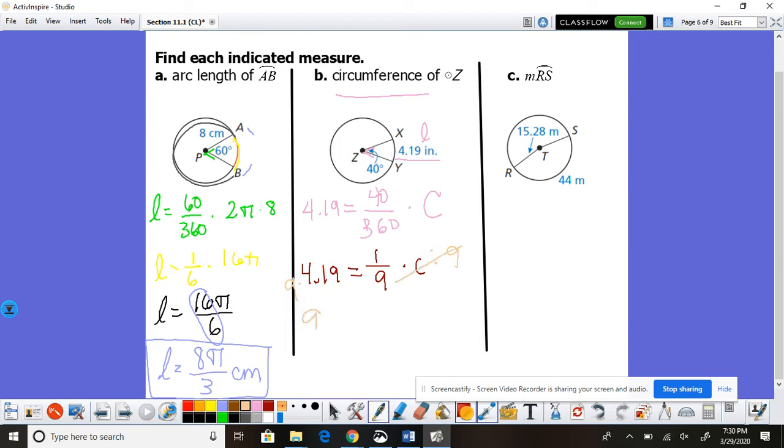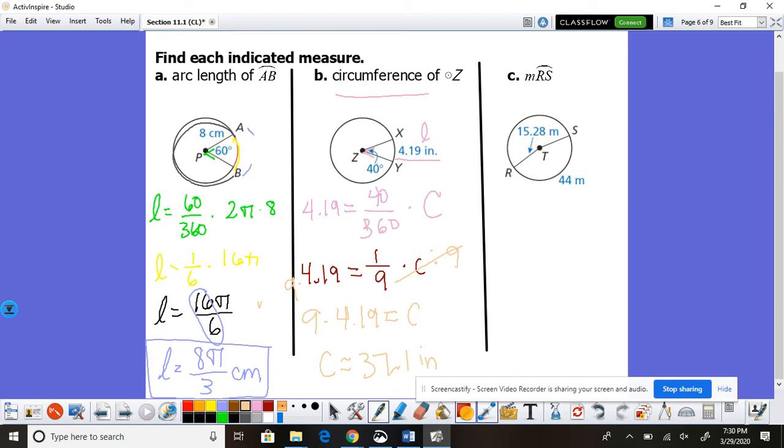That goes away, so 9 times 4.19 equals C. And if I put that into my calculator, I got C is roughly 37.1, and that would be in inches.